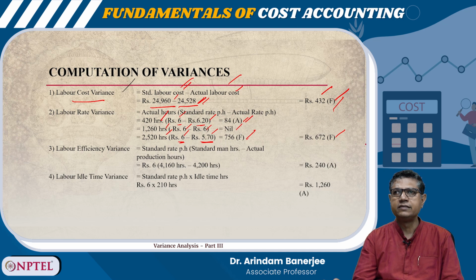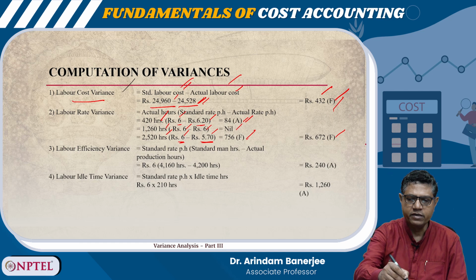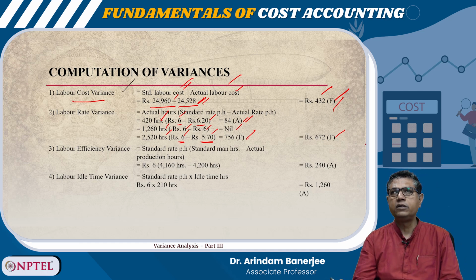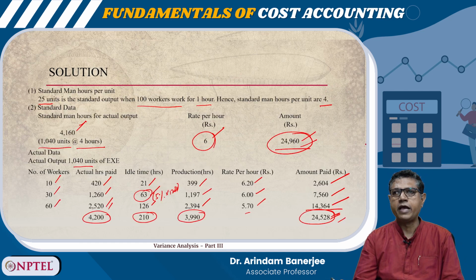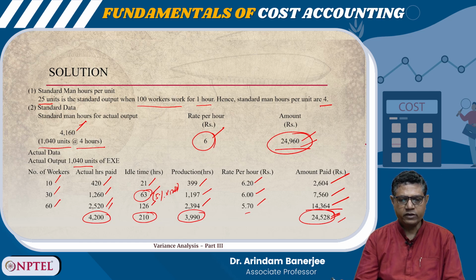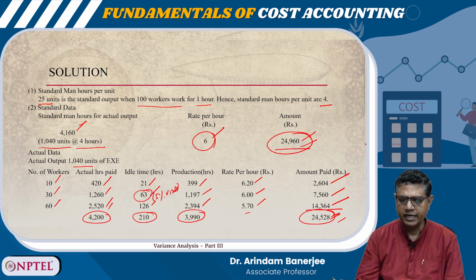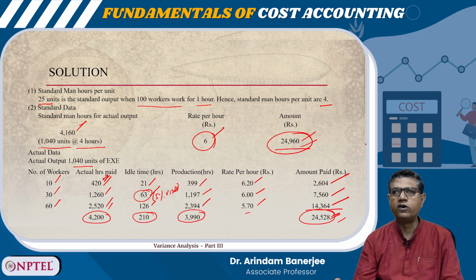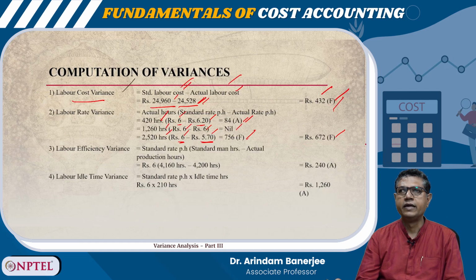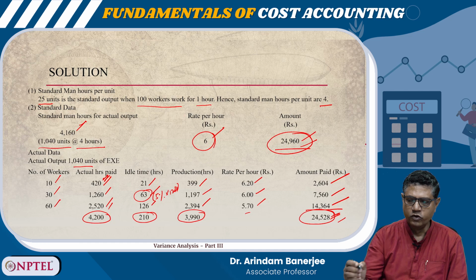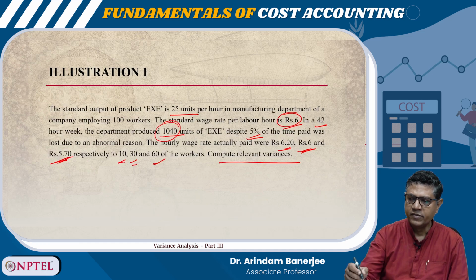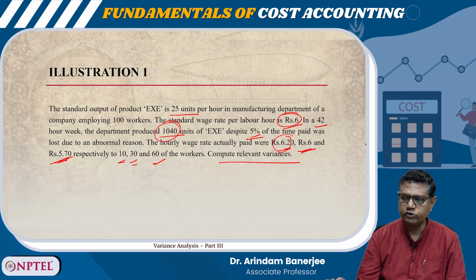The labor rate variance we can calculate like this: actual hours for the first group are 420 hours, into the standard rate of rupees 6 minus the actual rate of 6.20, which is the amount actually paid.